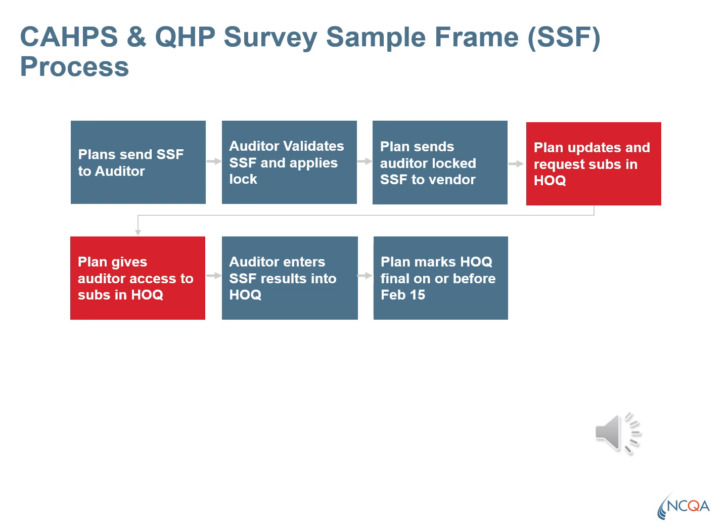When the HOQ opens, the plan can then go in, request their submissions, and then they can give access to their auditor, who will then go in and enter their survey sample frame results. Once that's done, and anytime before or on the HOQ deadline, the plan can go in and mark their HOQs final.